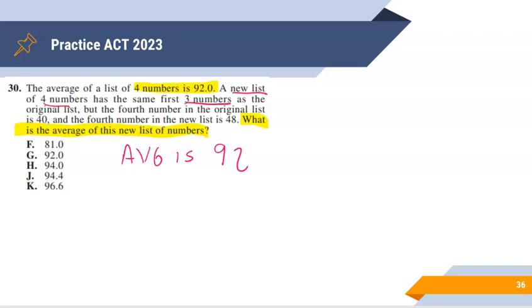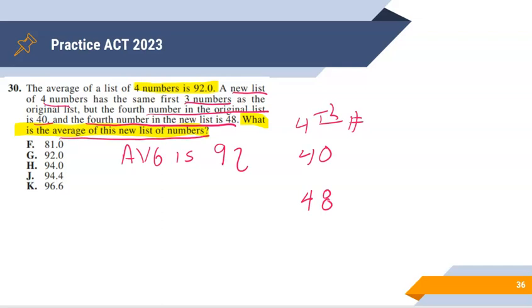It's got the same 3 numbers, but the 4th number in the original list was 40, and the 4th number on the new list is 48. What's the average of the new list of numbers? So we don't know that.